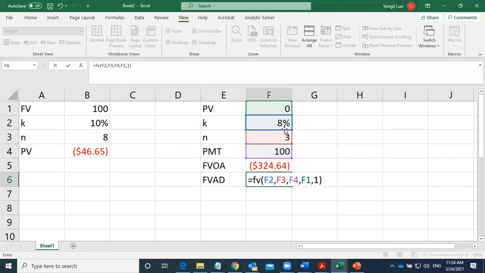Because 0 is the default, which assumes the payment was made at the end of each time period.